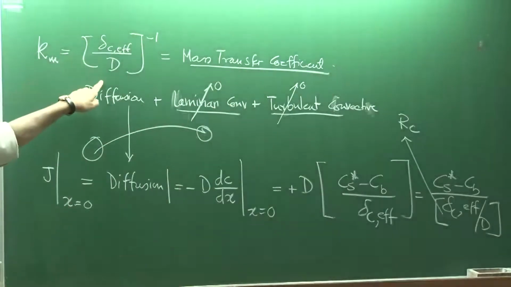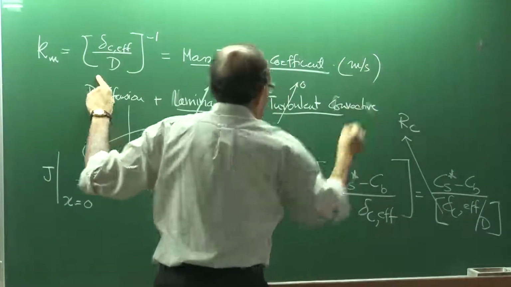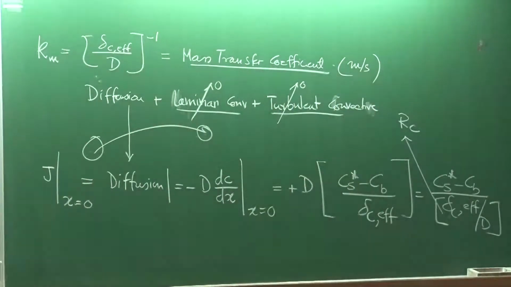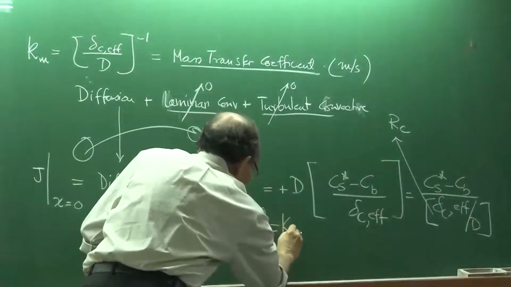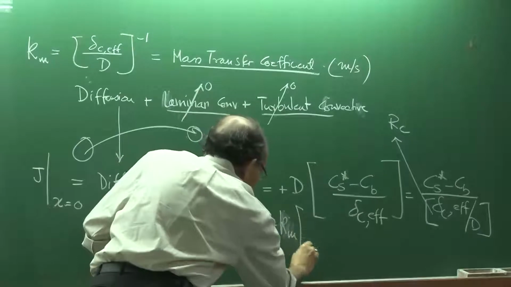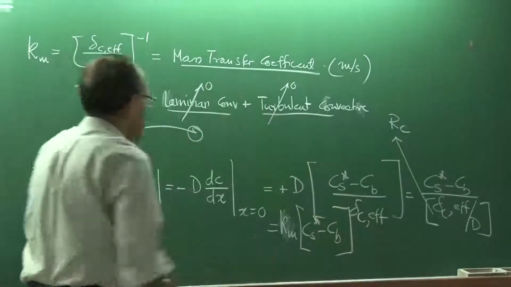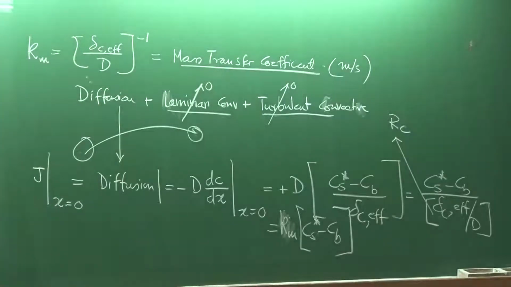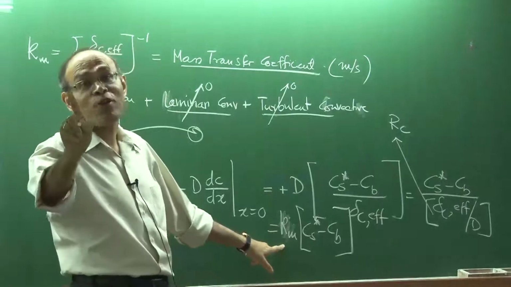If you take it, the units of this come out to be meters per second. So therefore, we can say it is equal to, typically small k sub m, into Cs star minus Cb. Note that this mass transfer coefficient is a function of the velocity.